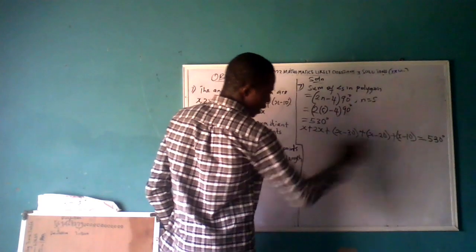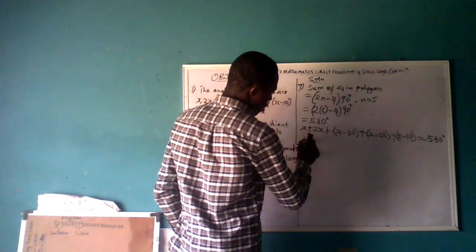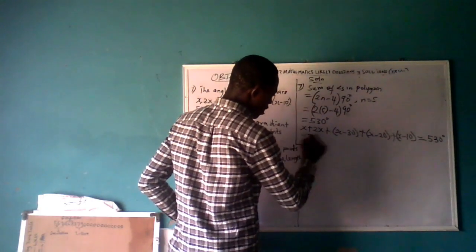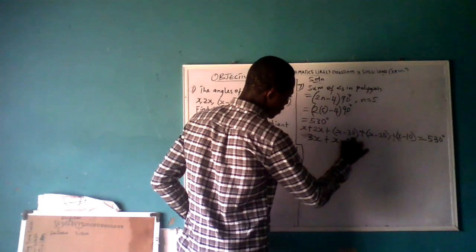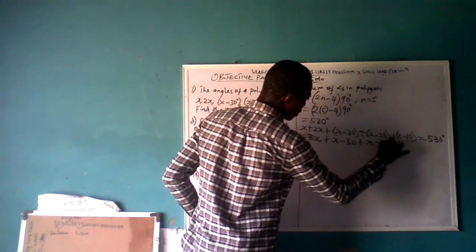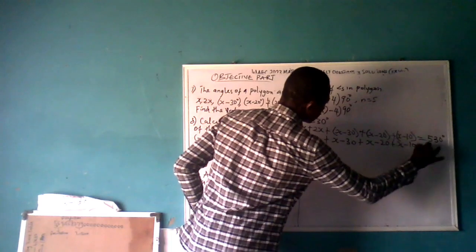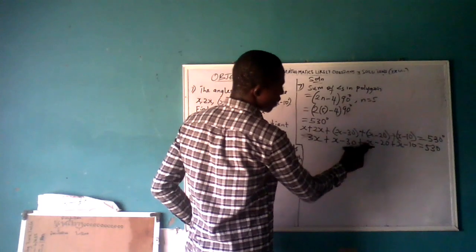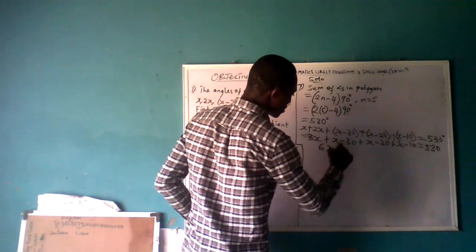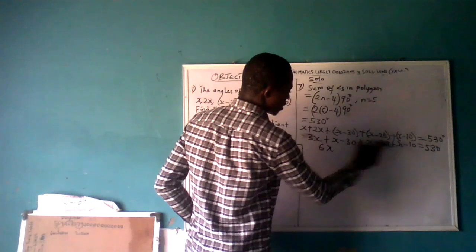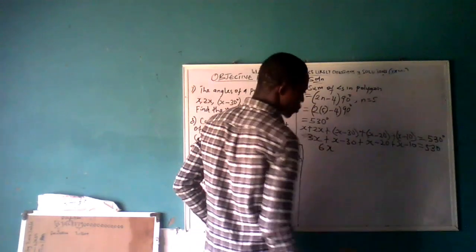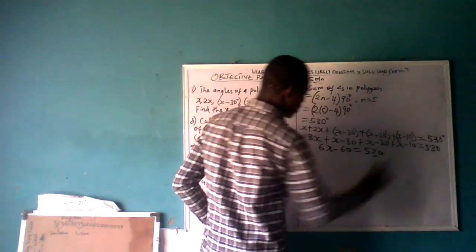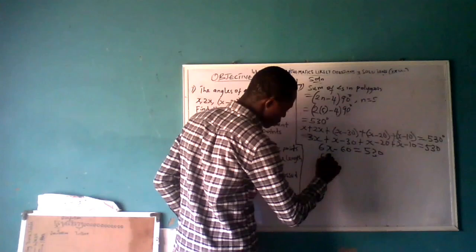Let's add this up. x plus 2x, you have 3x, plus x, that's 4x, plus x, that's 5x, plus x, that's 6x. Then minus 30 minus 20 minus 10, that's minus 60, equal to the sum.